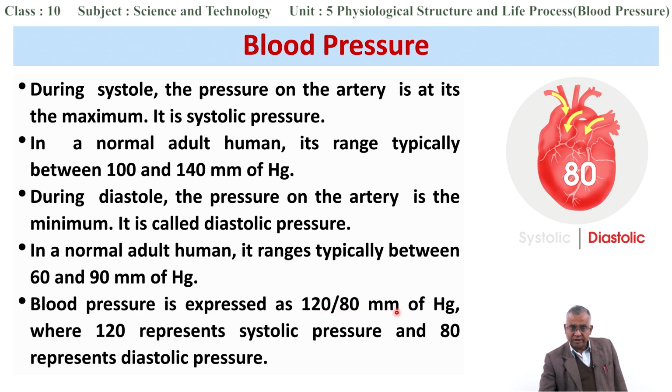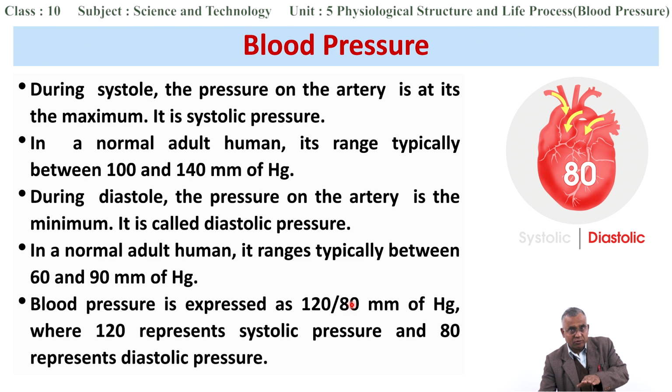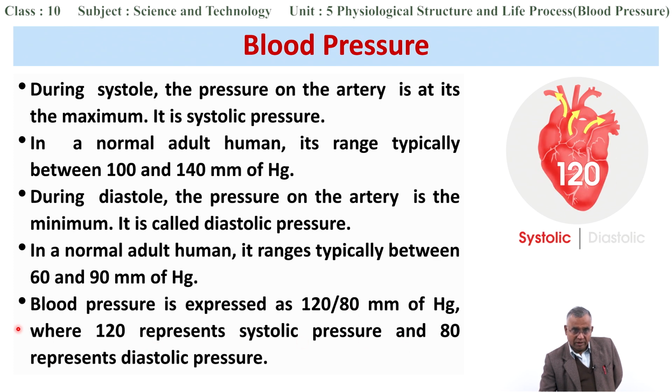Systolic pressure is mentioned first and then diastolic pressure. If these two numbers are given together, you have to understand that the first one is systolic and the second is diastolic. I think you can understand.